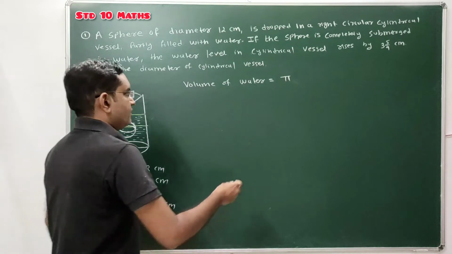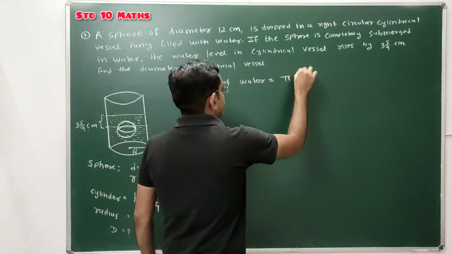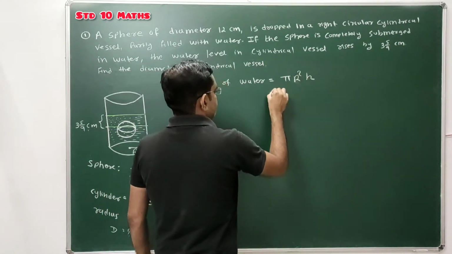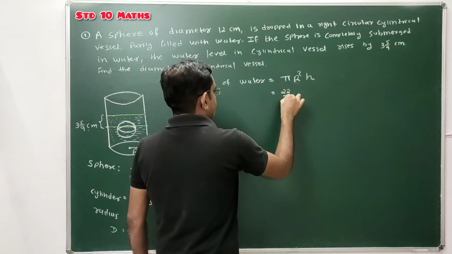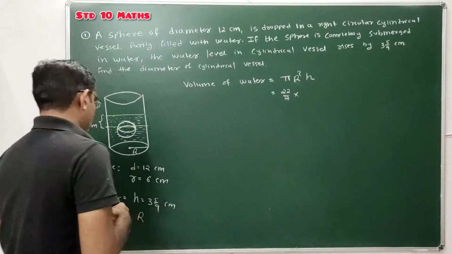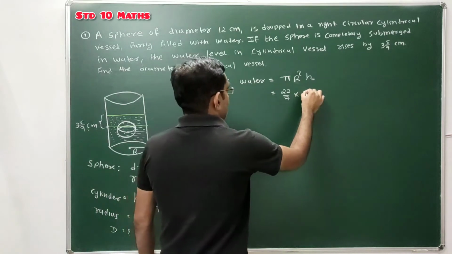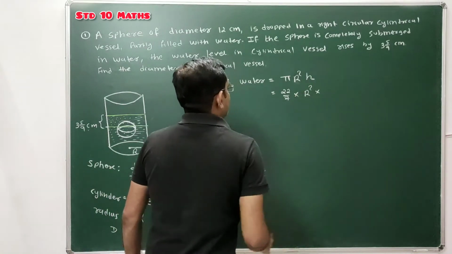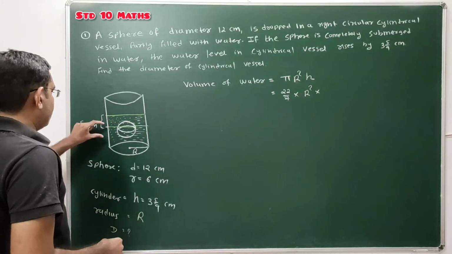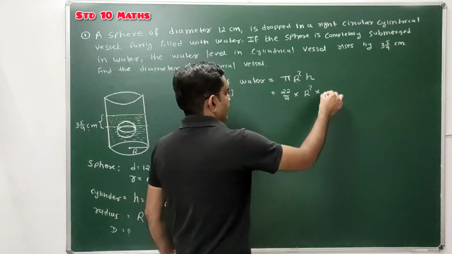So pi r square h, that is 22/7 into r square into 3 integer 5/9 centimeter.